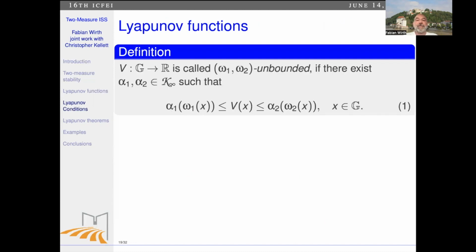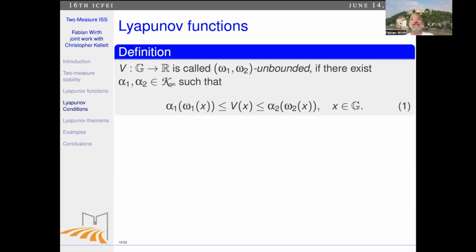And now we want to talk about Lyapunov theory for these concepts. In Lyapunov theory, you're probably familiar that it is very useful to have radial unboundedness of the Lyapunov functions. And radial unboundedness usually is defined in terms of the norms that you're looking at for measuring the size of your trajectory or your initial state. Well, in our case, that doesn't really make much sense because we have no norms.